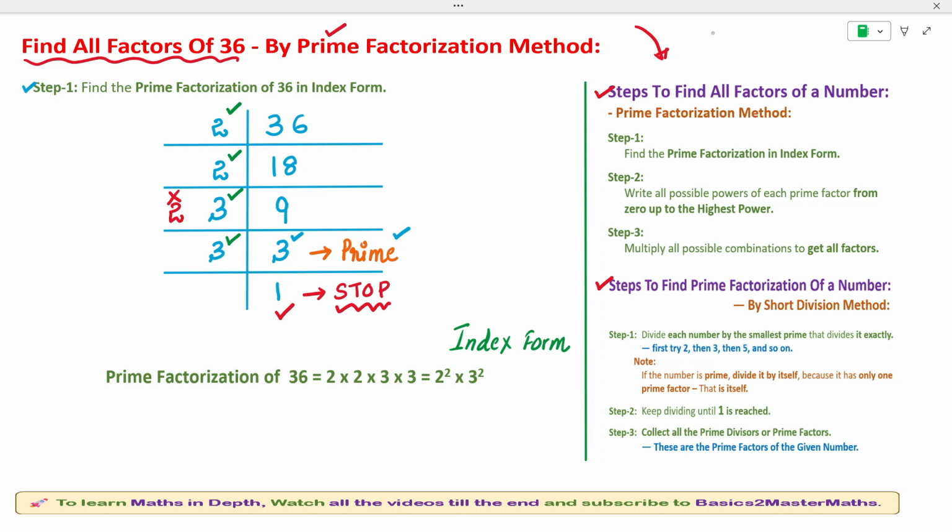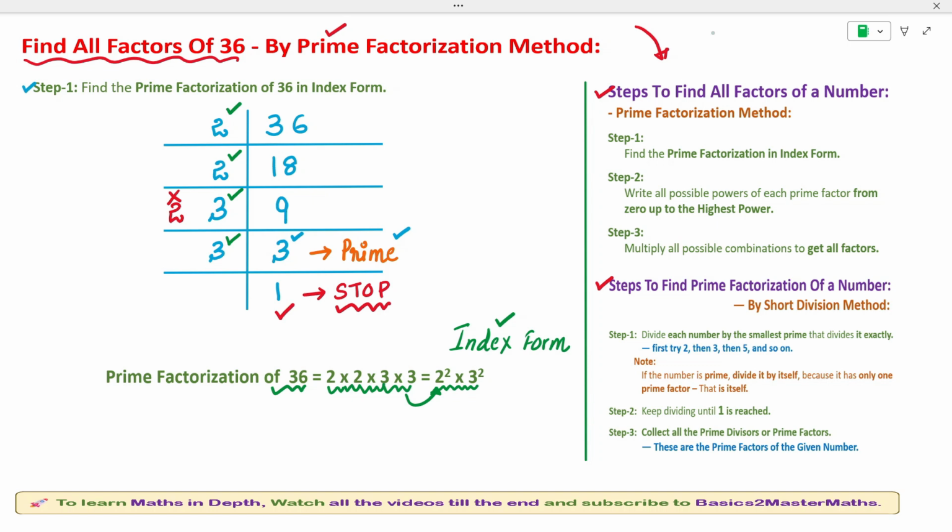So, prime factorization of 36 is 2 multiplied by 2 multiplied by 3 multiplied by 3. This can be written as 2 to the power 2 multiplied by 3 to the power 2. This is the index form.